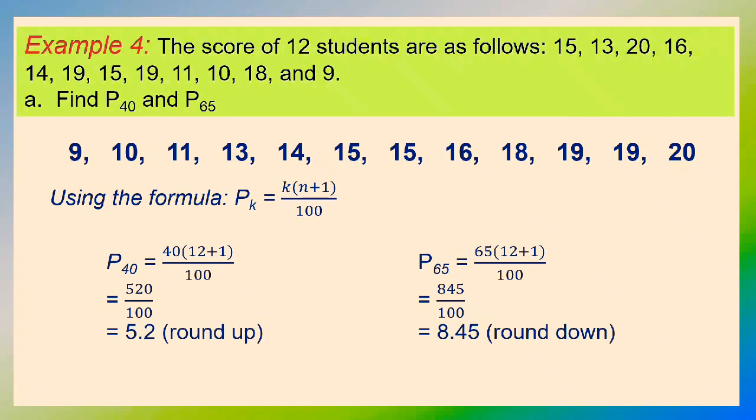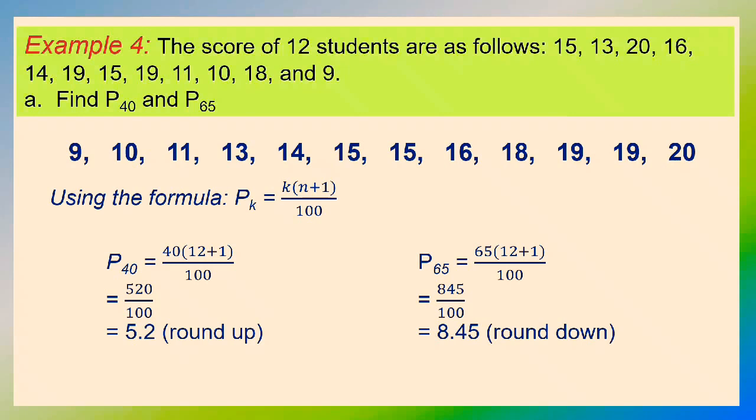As we all know, class, whenever we get a decimal value, we are going to locate the measure of position. So where is the 40th percentile located? Is it below 50%, which is the median, or above 50%?